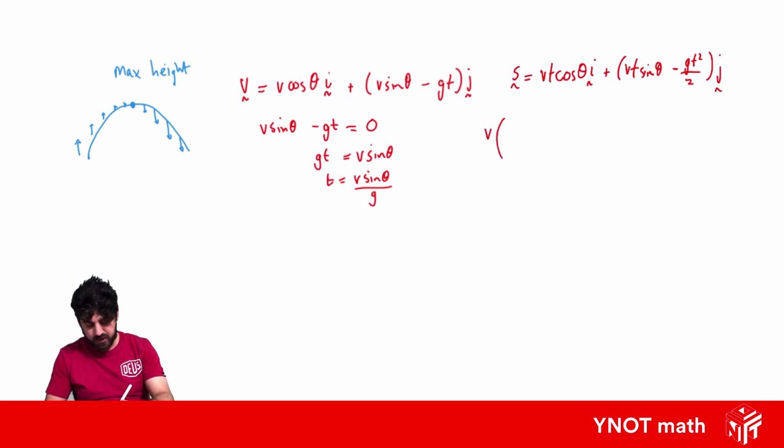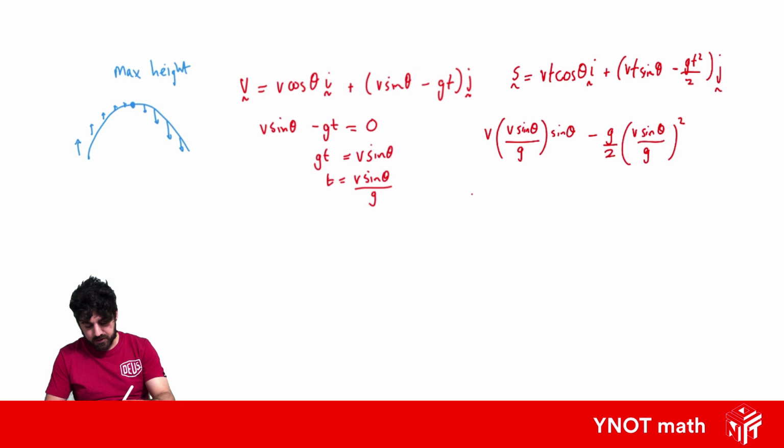So we have v times t, which we know is v sine theta on g, times sine theta, minus g on 2 times t squared, which we know is v sine theta on g, all squared.